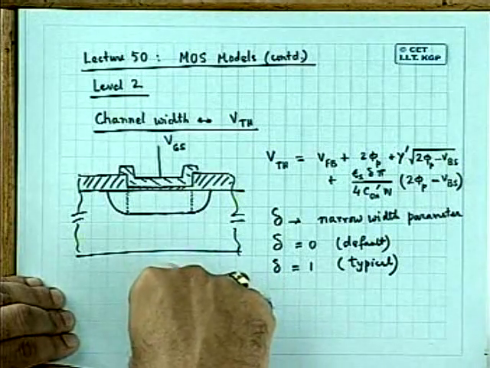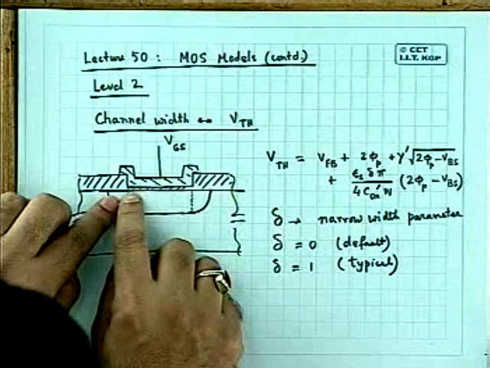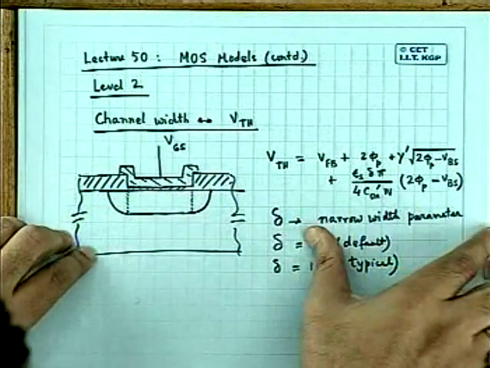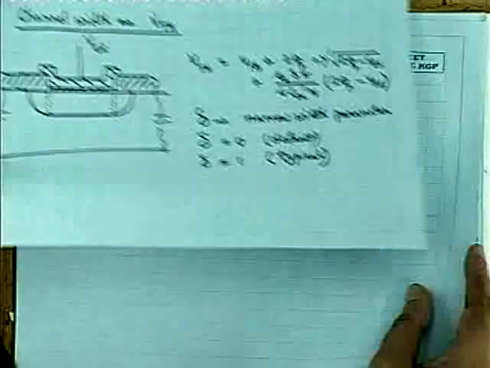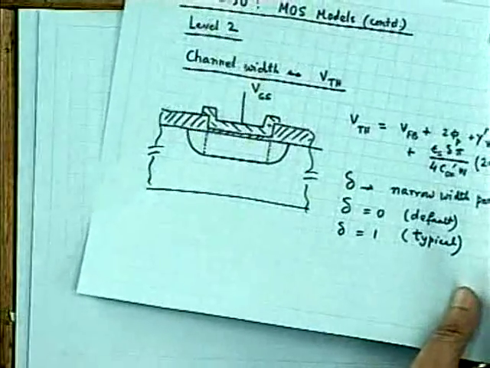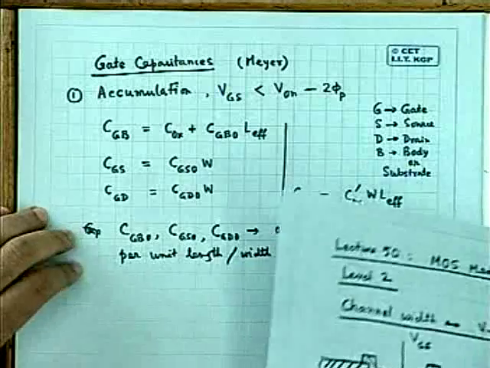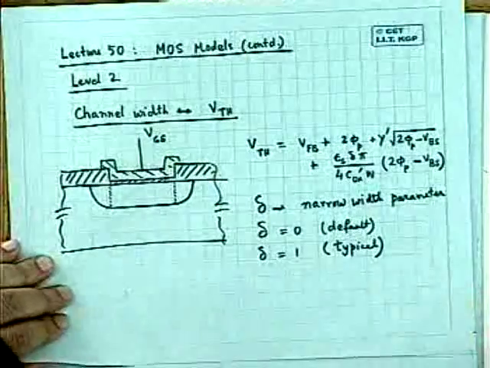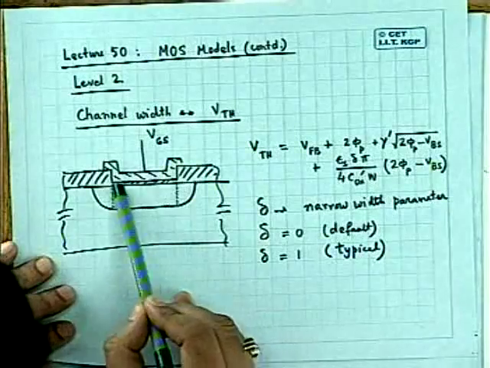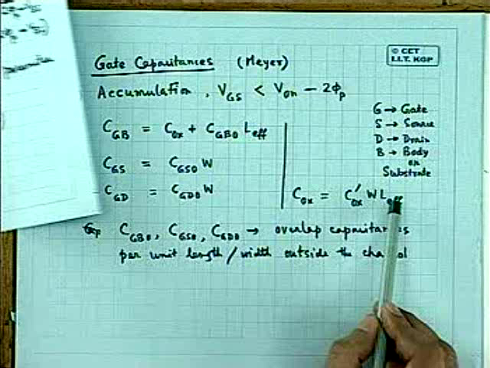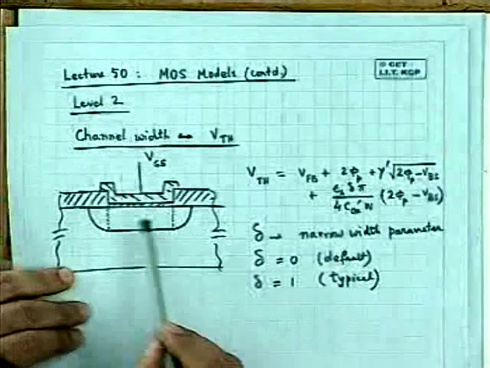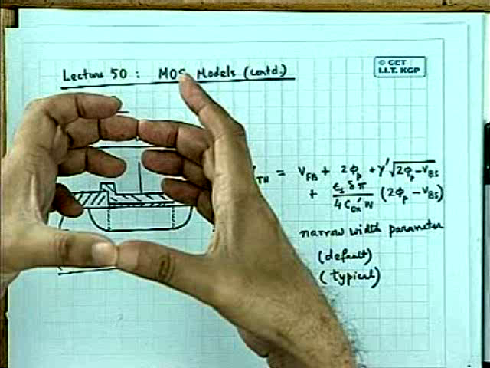So between gate and body, there is some extra things beyond that. What is COX? COX is the capacitance under the gate. Under the gate means considering the rectangular region. It is COX dashed multiplied by the area. What is this area? This is W and that is L, where the gate oxide thickness is only TOX.